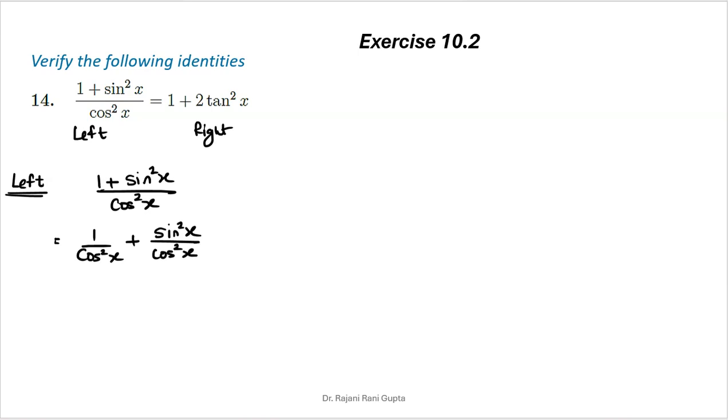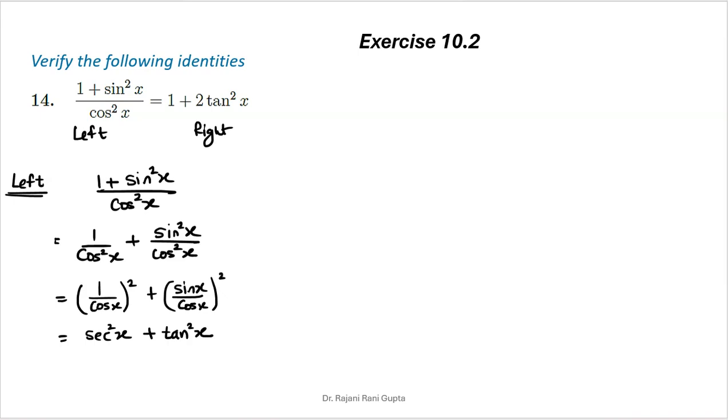Now 1 over cosine squared is the same as 1 over cos x, its power 2, and this is the same as sine x over cos x, its power 2. Now we know that 1 over cos is secant, so this is secant squared x. Sine over cos is tan, and the power 2 means tan squared x.